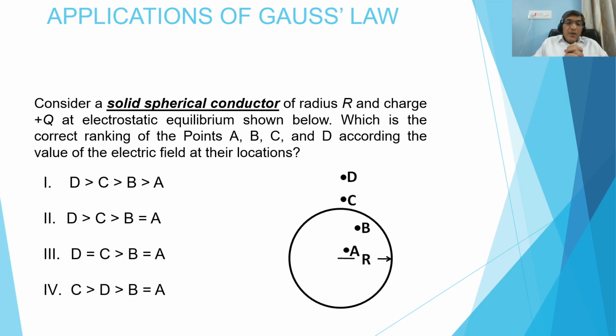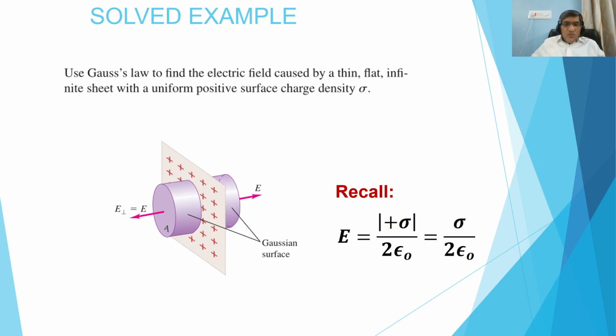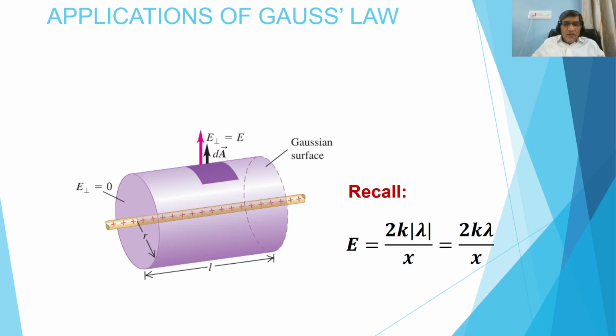So the fourth option is the correct one. I think you all understand what I want to say. So this is how you calculate the electric field, just to remember some basic points.